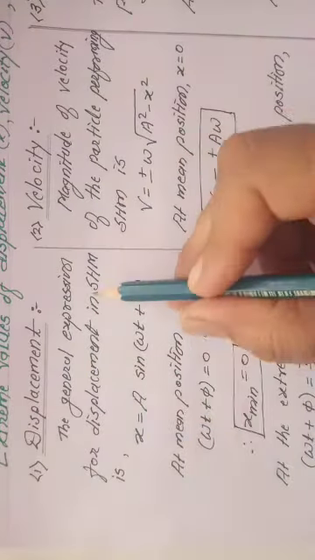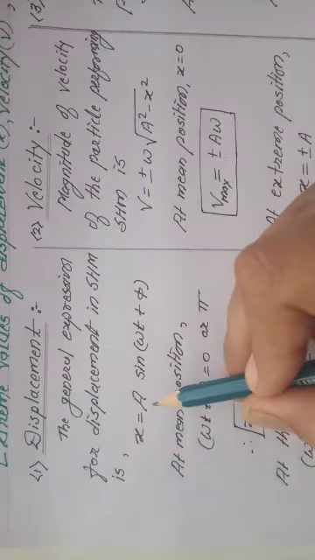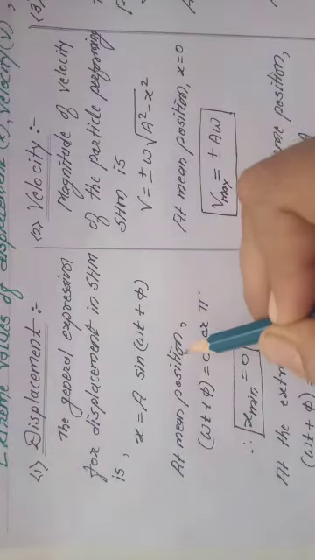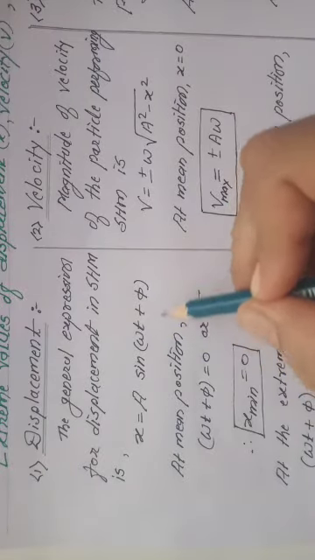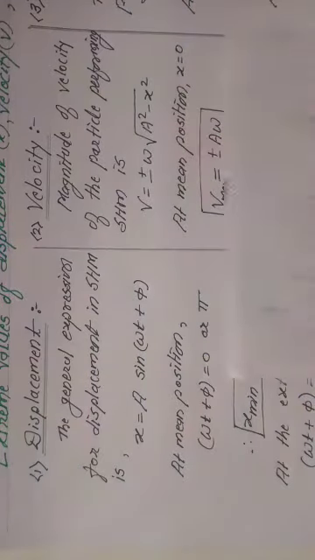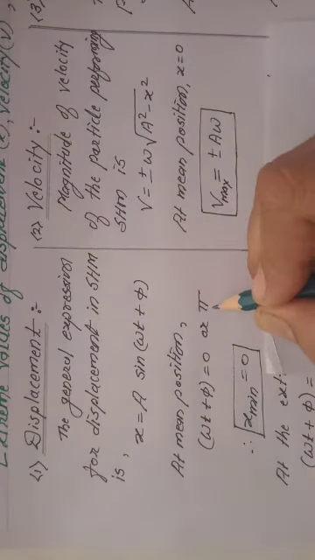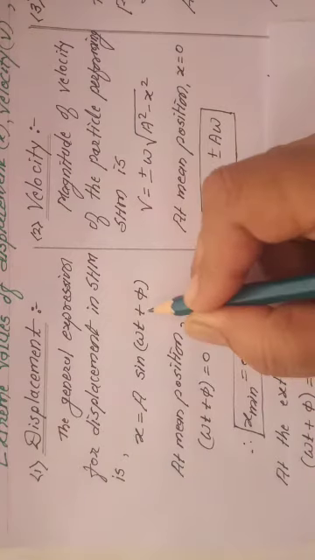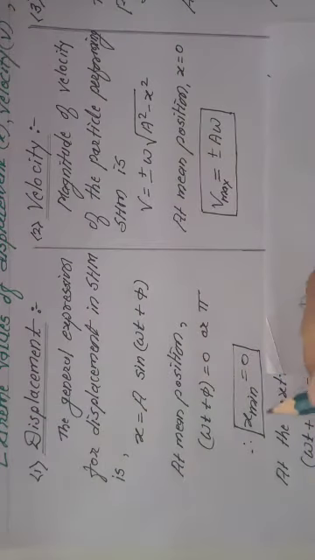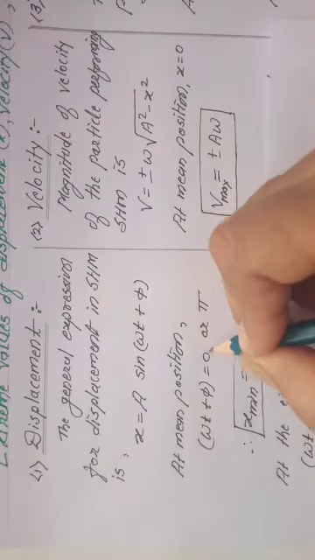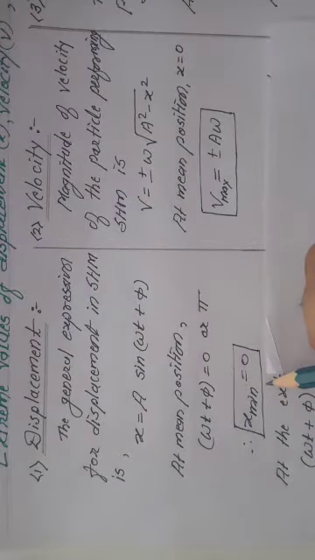The general expression for displacement in SHM is x is equal to a sine omega t plus phi. When the particle is at the mean position, the value of omega t plus phi is 0 or pi. Sine 0 or sine pi becomes 0, so the complete angle omega t plus phi is 0 or pi, and that's why the displacement at the mean position is 0.